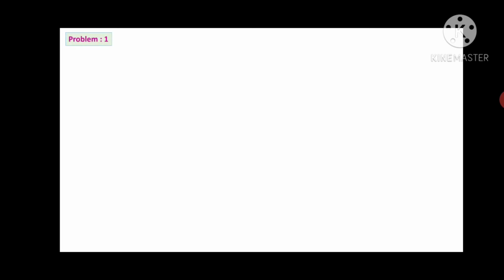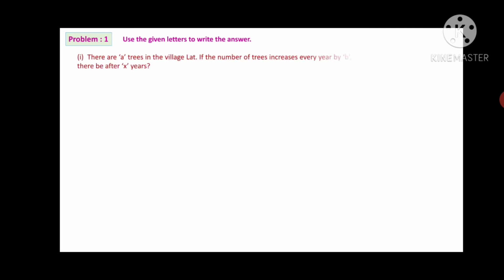Friends, problem number 1 is: use the given letters to write the answers. There are trees in the village.